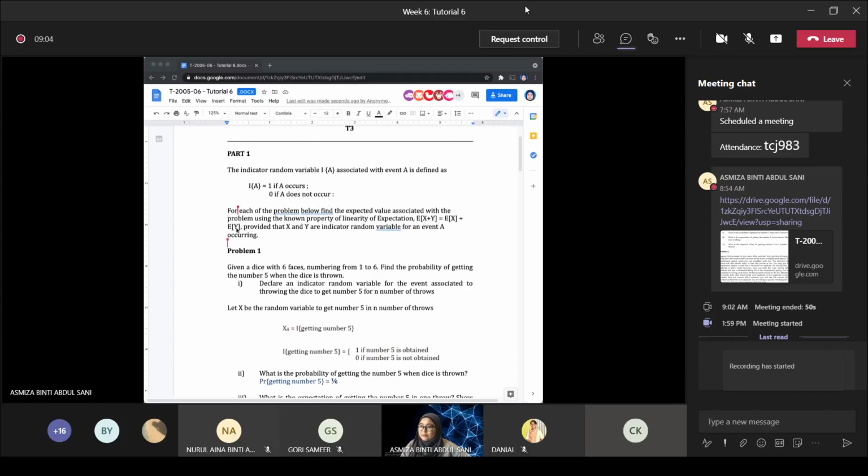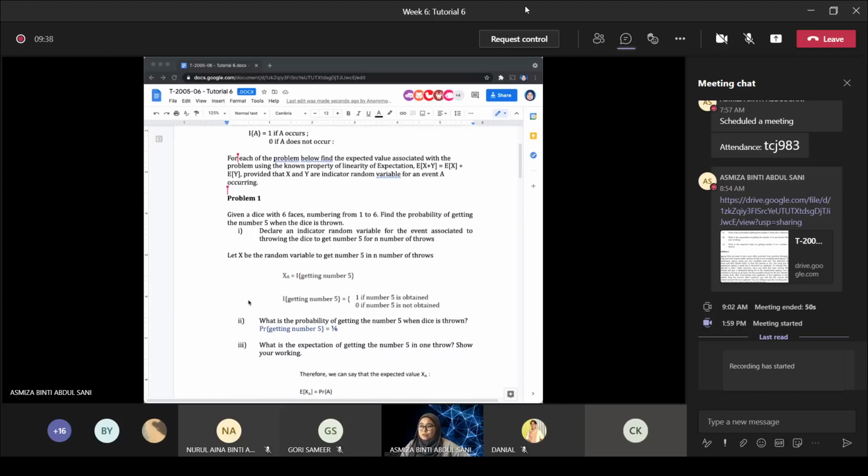For each of the problems below, find the expected value associated with the problem, and then use the linearity of expectation, whereby the expected value of x plus y equals the expected value of x plus the expected value of y. This is what we mean by the linearity of expectation equation, provided that x and y are the IRV for an event A.